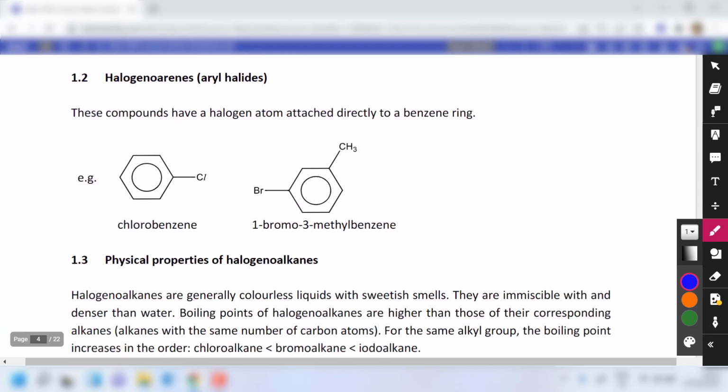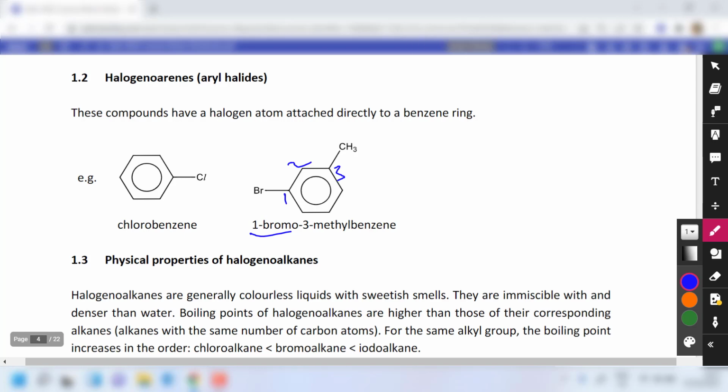Next, what about a halogen directly bonded to the phenyl ring or benzene ring? So in this case, we will classify them as halogenobenzene, in this case chlorobenzene. And then if you're going to name this, then the halogen will take precedence. So in this case, 1-bromo, this is position 1, and then 3-methylbenzene.